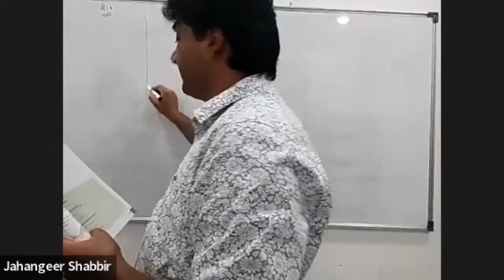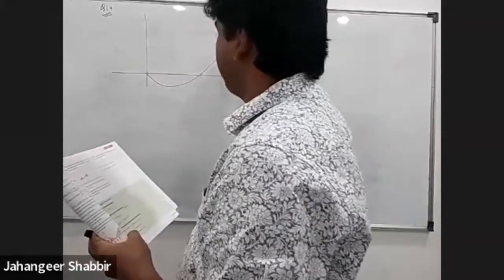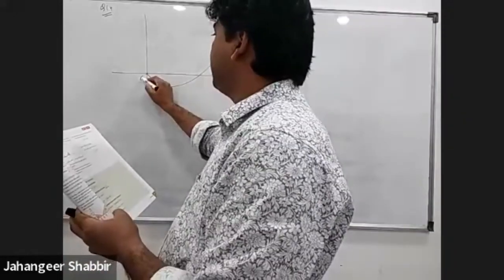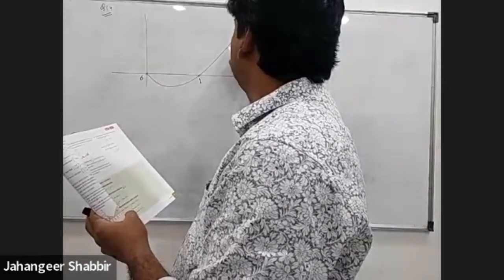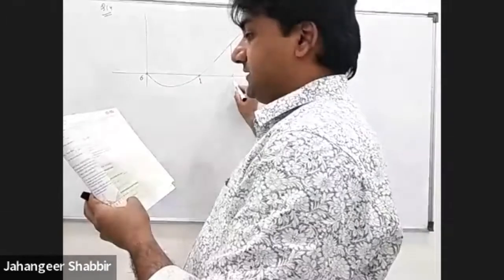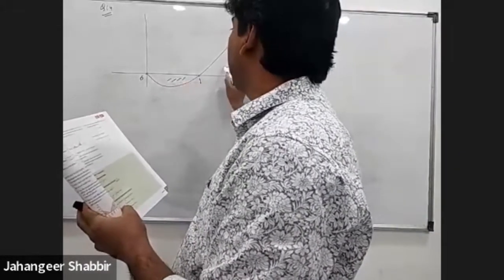So this is our graph, guys. And this is 0. This is 1. And suppose this is 2. We have to find this area and we have to find this area.